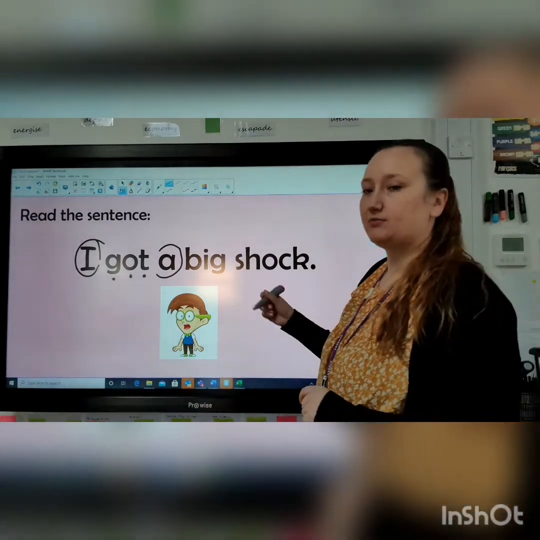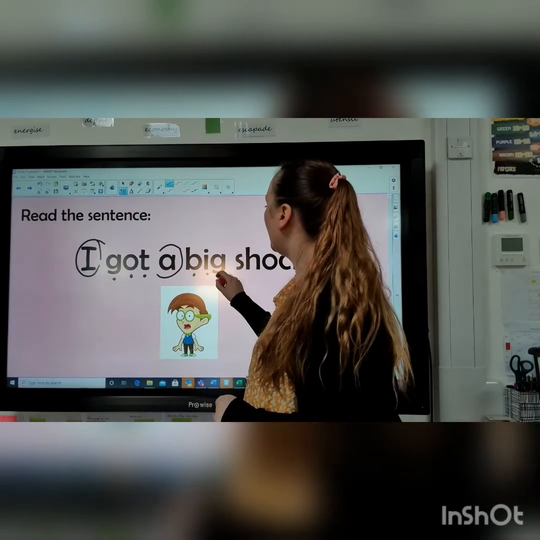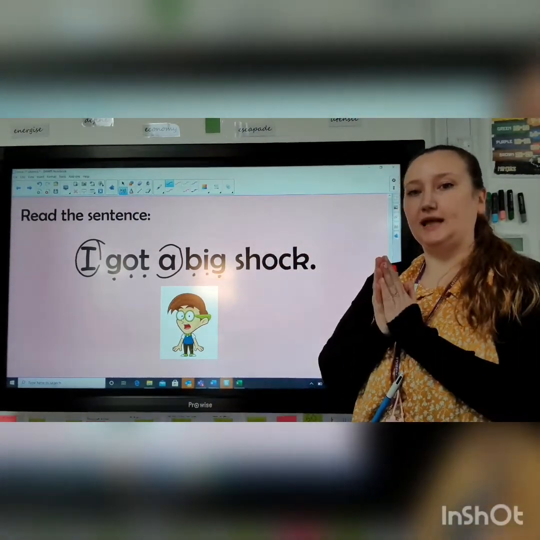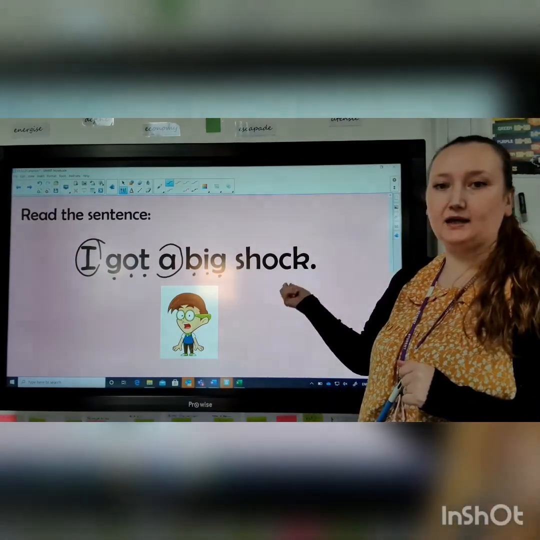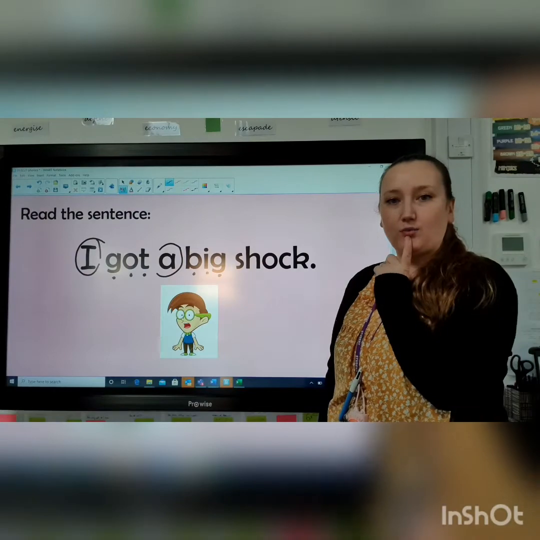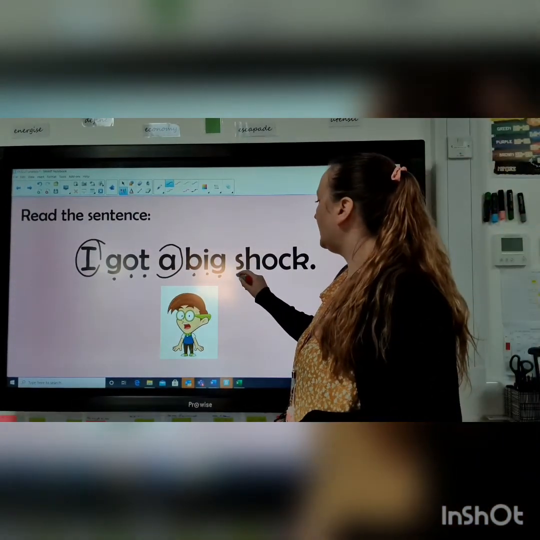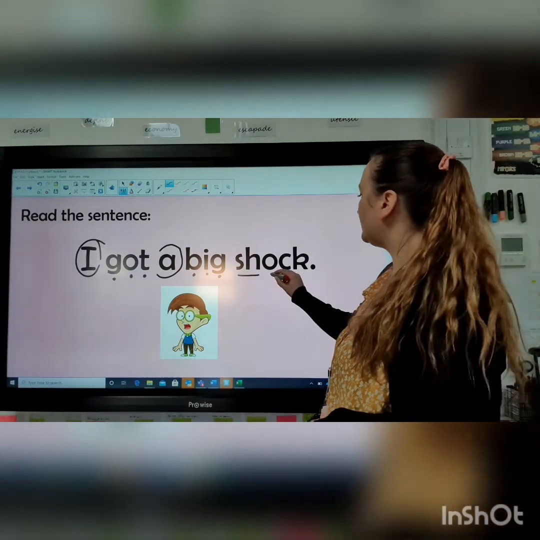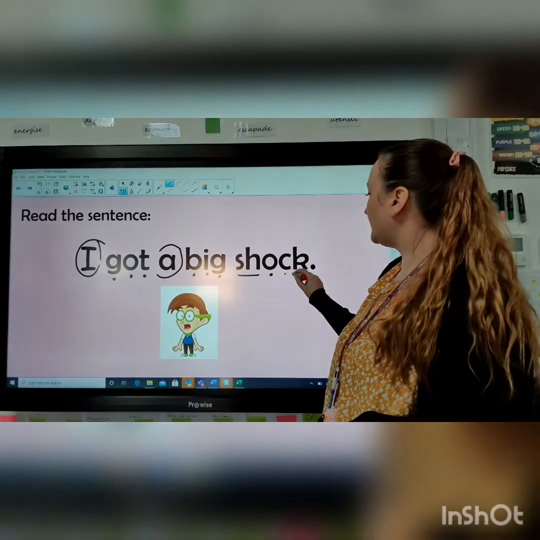What does this say? Let's blend this one too. B, i, g. Big. Okay, so what could this word say? I've got a big. What's happening in this picture to help us think what this word could be? Let's work it out. So we have our new phoneme, sh, and we have, what's this phoneme here? o.